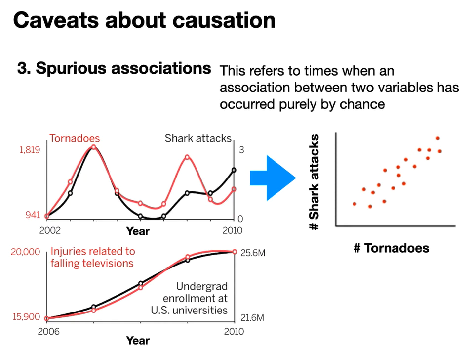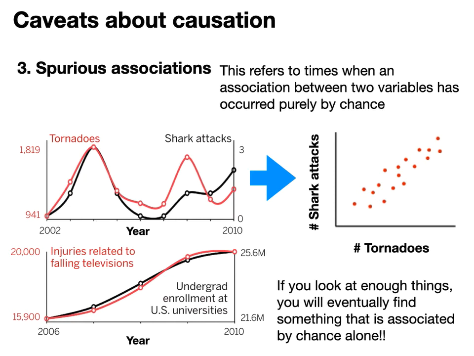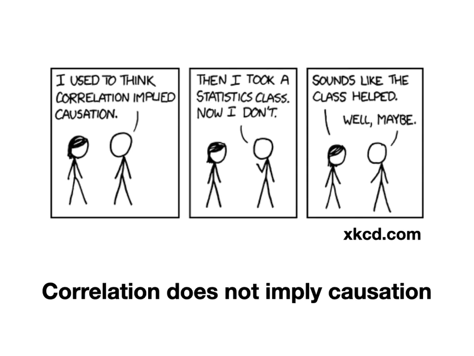Another example, there really is a correlation between the rate of undergraduate enrollment at US universities and the number of injuries caused by falling televisions. If you look at enough variables, you'll find things that are correlated just by chance. It doesn't mean that there's a cause-effect relationship between the two things.